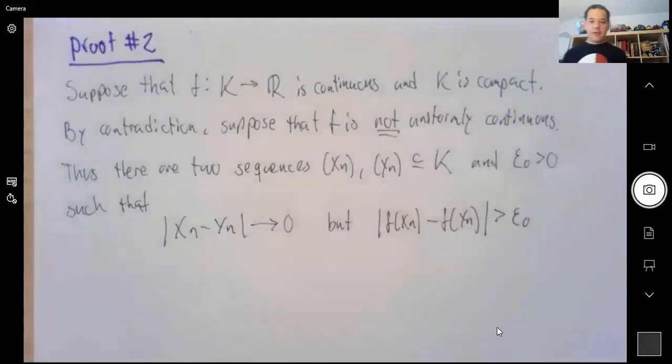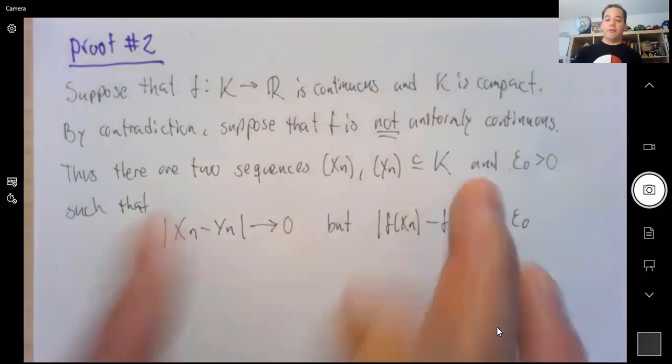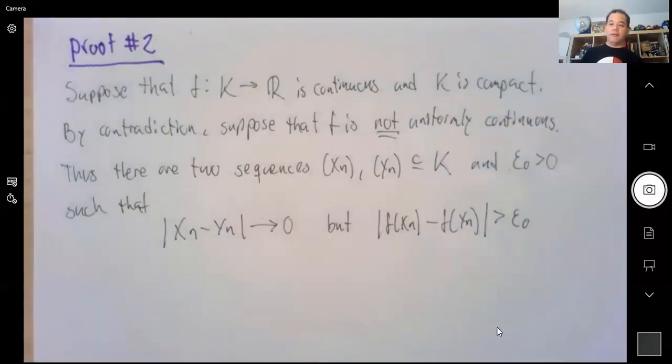All right? So we're assuming by contradiction that this happens. And we know this is equivalent to not being uniformly continuous. So now we need to get a contradiction, right? So we need to hopefully get something that is not right.